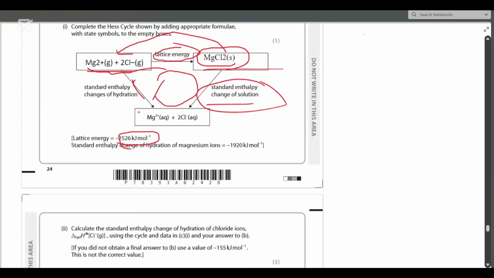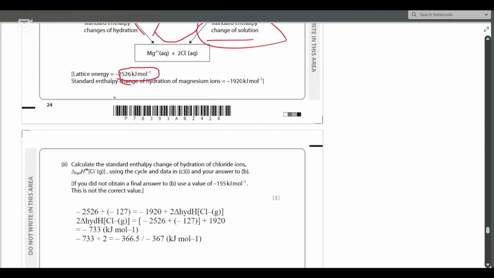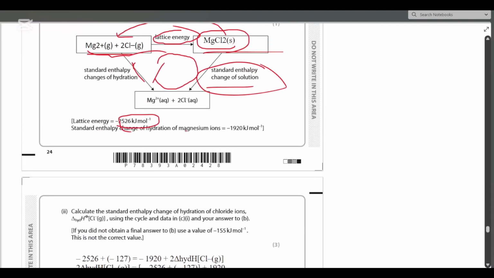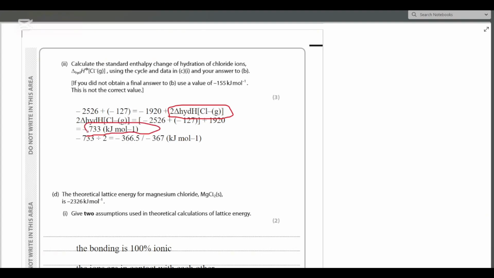went upwards. On the left hand side it was supposed to be 920, but when we brought it back to the right hand side it became negative, along with the hydration energy of chloride ions right here, because only the enthalpy change of the magnesium ion was provided. So this was what we had to find, and we found about negative 773.33.